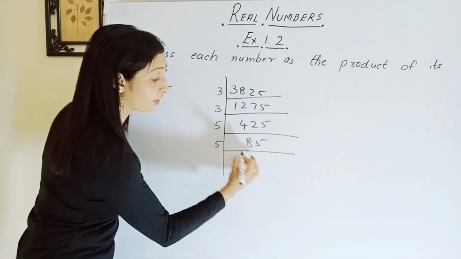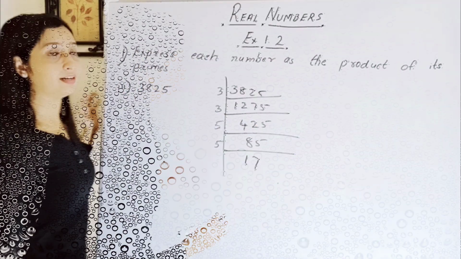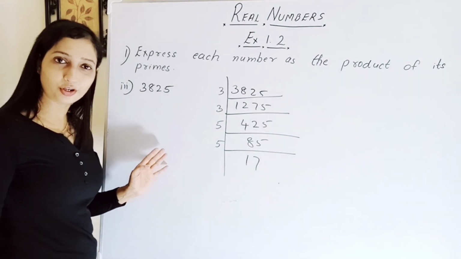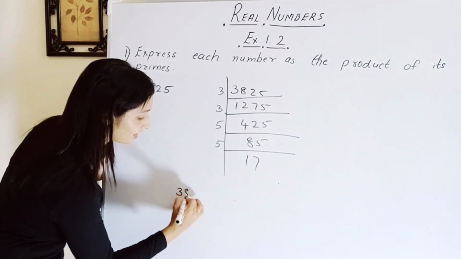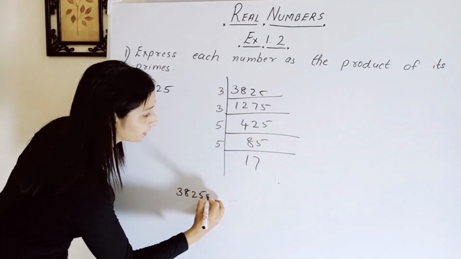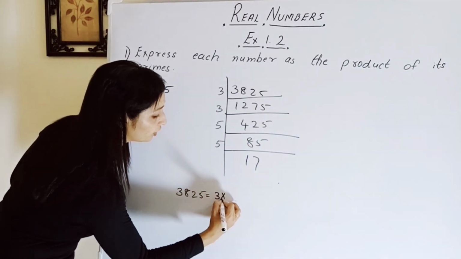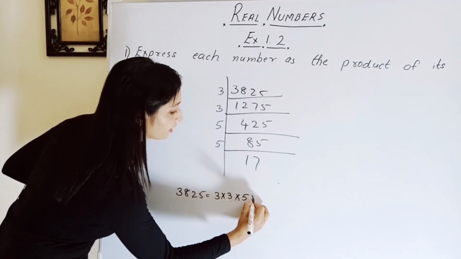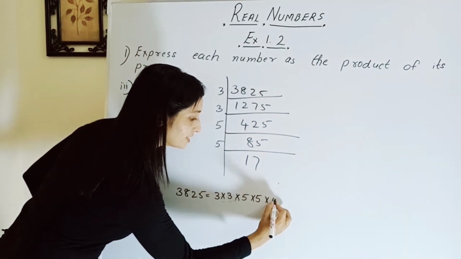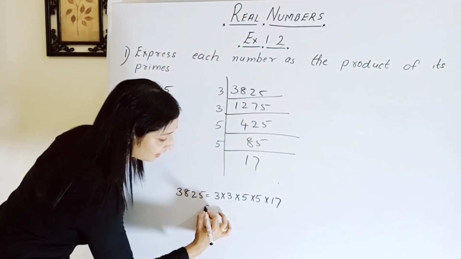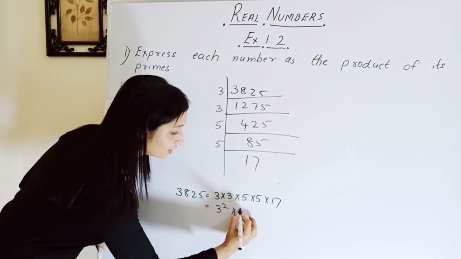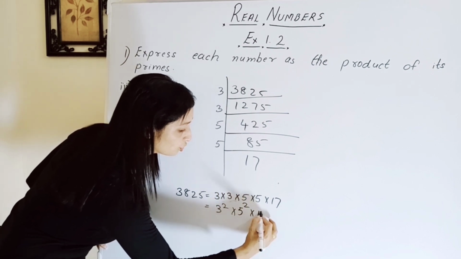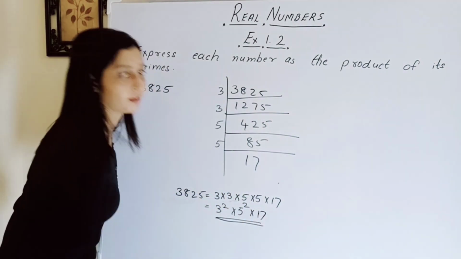Again by 5, you get 17. So how do you write it as the product of prime factors? 3825 is equal to 3 into 3 into 5 into 5 into 17, which can be written as 3 square into 5 square into 17. So this is our answer.